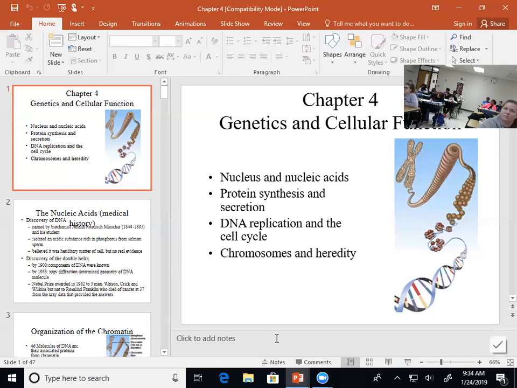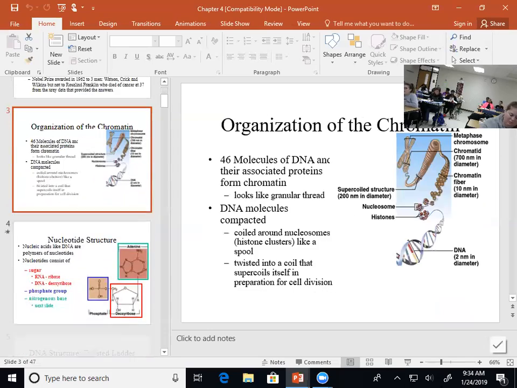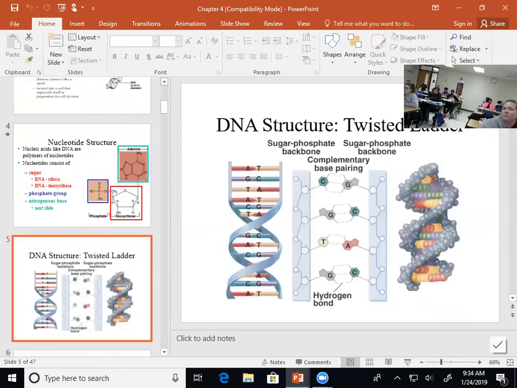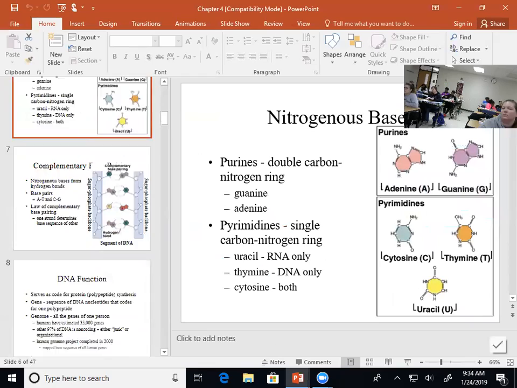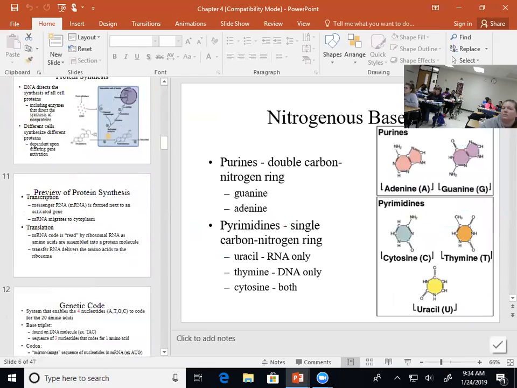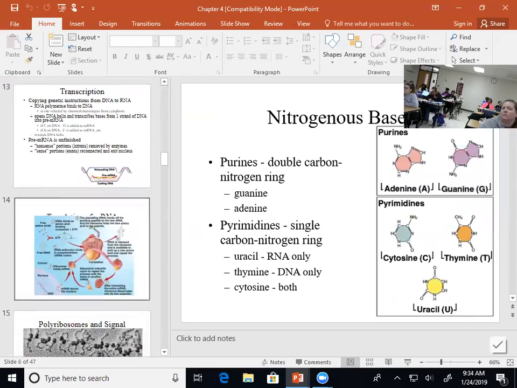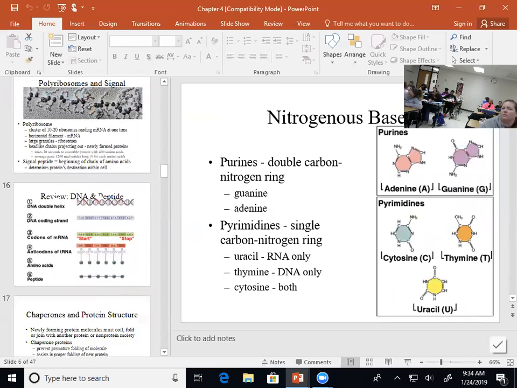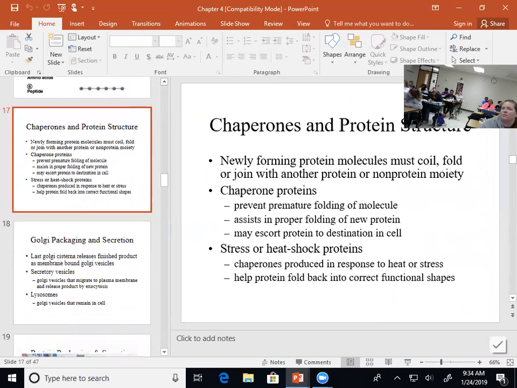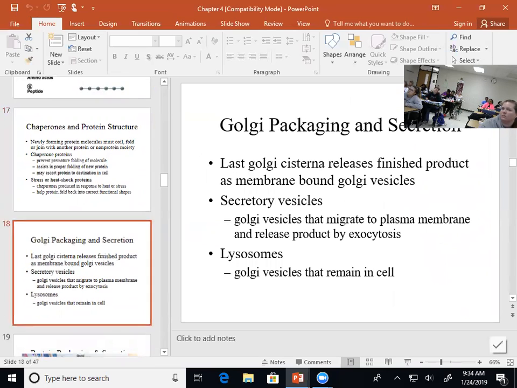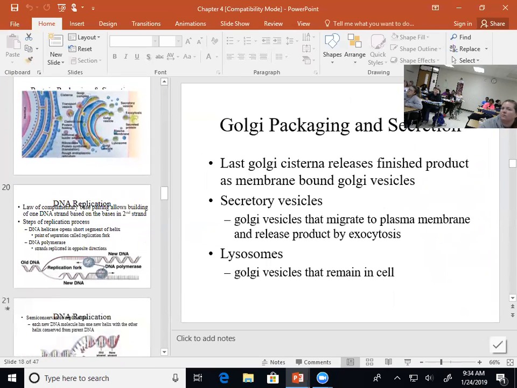All right, so we're talking about inheritance. We said there was some misinformation about genetics, just like there was for the theory of evolution. But we don't want to spread misinformation, so we want to make sure we understand what's going on.